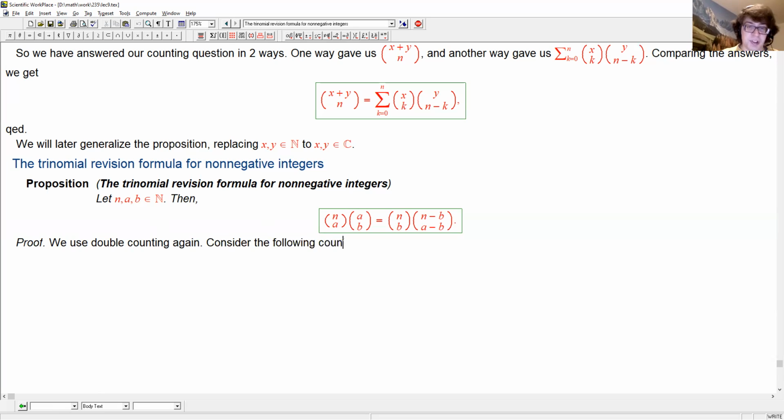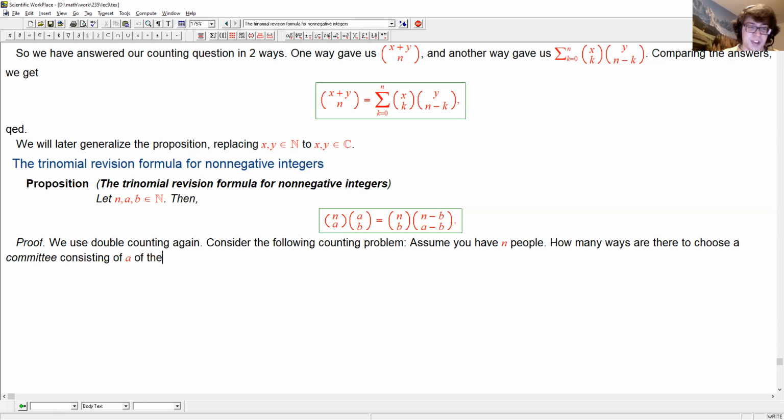Consider the following counting problem. Assume you have n people. How many ways are there to choose a committee consisting of a of these n people, and also choose a subcommittee consisting of b of the a people from the committee?